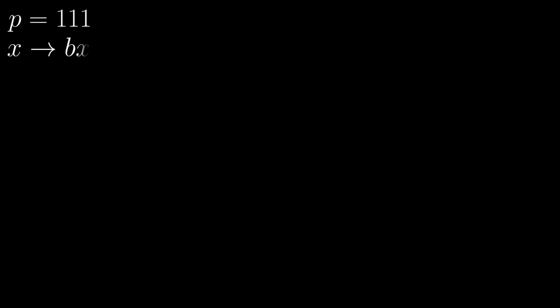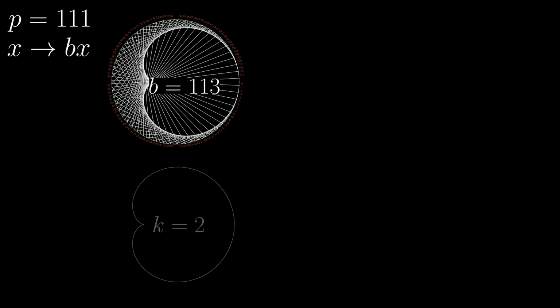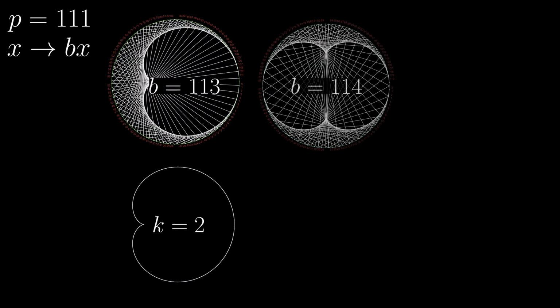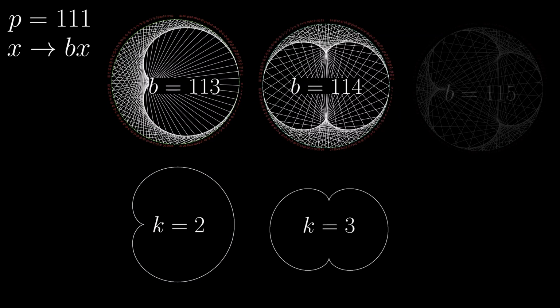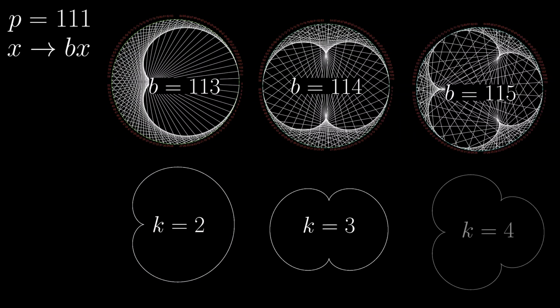When b is equal to 113, 114, and 115, of course, it would be nice. You can pause and briefly think about why. We see this is exactly the figure when the multiplier b is 2, 3, and 4, and when the epicycloid parameter is 2, 3, and 4.